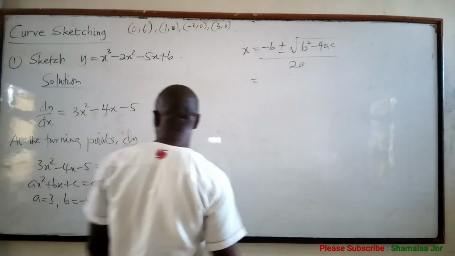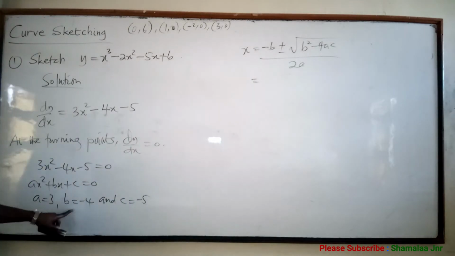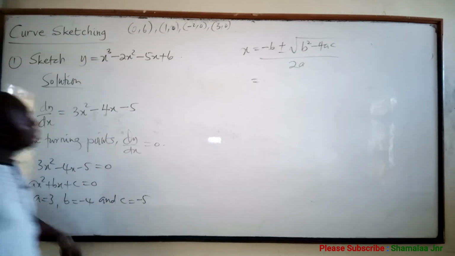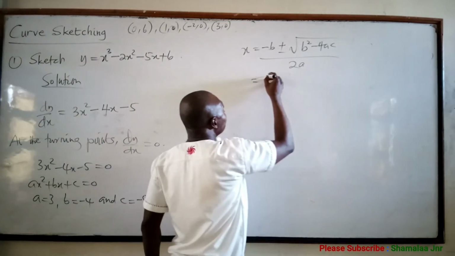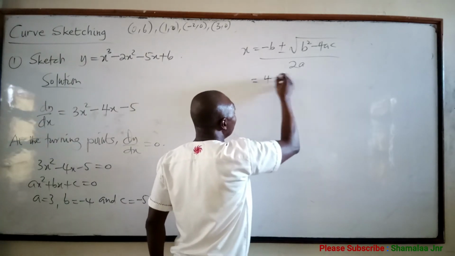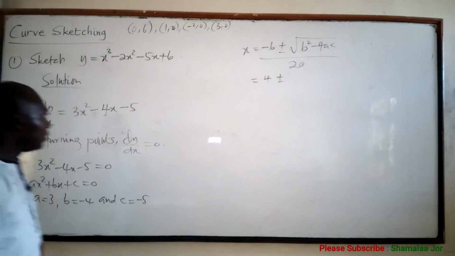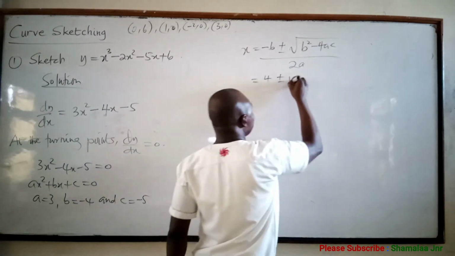So x is equal to negative b. b is negative 4, so negative b will mean negative of negative 4, this will be 4, plus or minus square root of b squared.